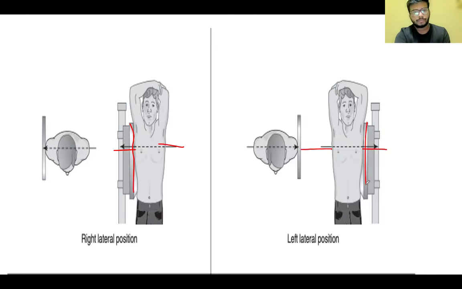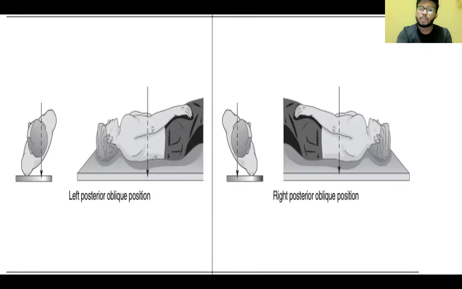the image receptor. Clear? Left posterior oblique means the patient's left posterior back side is in contact with the image receptor and the patient is rotated. Right posterior oblique means the patient's right posterior back side is in contact with the image receptor and the patient is rotated.